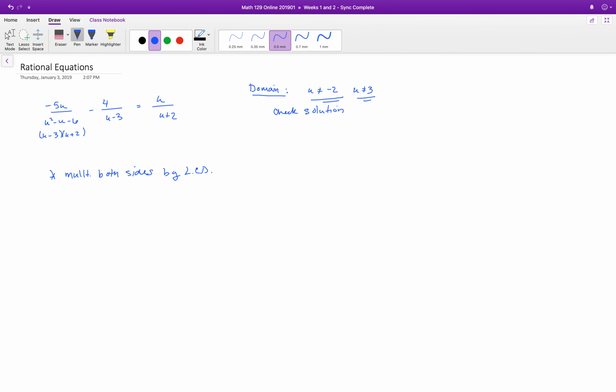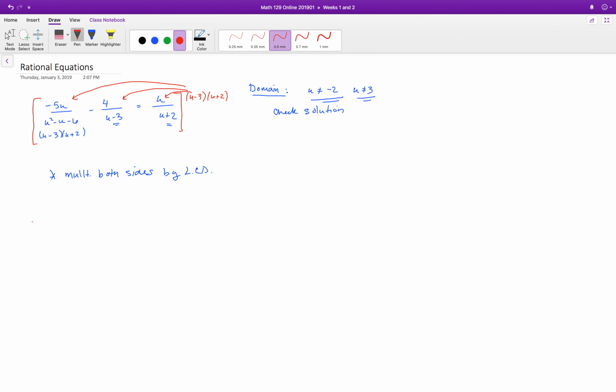My least common denominator in this case is just going to be one of each factor. So if I multiply both sides of this equation by u minus 3, u plus 2, as I distribute these two factors to each term, I will completely eliminate the denominator.